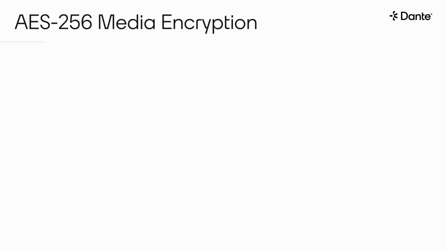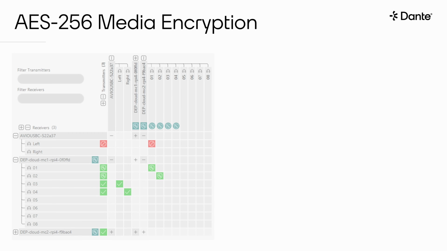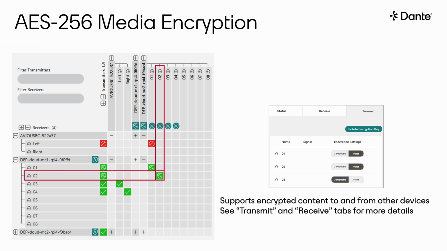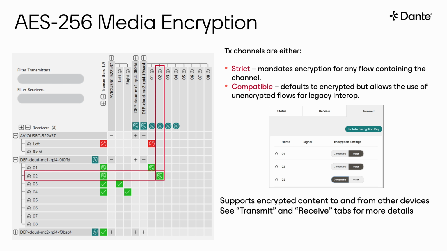In addition to access control, Dante Director now allows you to configure AES-256 media encryption between supported devices, helping protect audio flows at the channel level. Administrators can define encryption policies per transmit channel, using strict mode when encryption is required, or compatible mode when you're working with legacy devices.